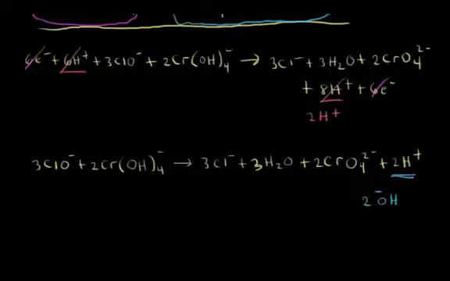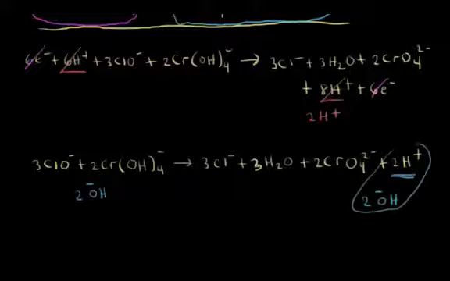So since I added 2 hydroxides to the right, I need to add 2 hydroxides to the left. Now let's think about what adding those hydroxides to those protons will do. They will neutralize each other. If you take H plus and OH minus, you will get H2O. And so we're going to get water molecules, and we're going to get 2 of them since we're neutralizing 2 protons with 2 hydroxide anions. And so on the right side, we're going to get 2 H2Os here. So 2 water molecules on the right side.